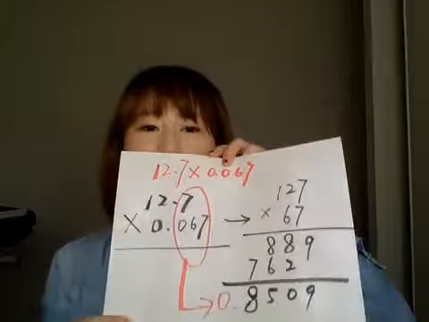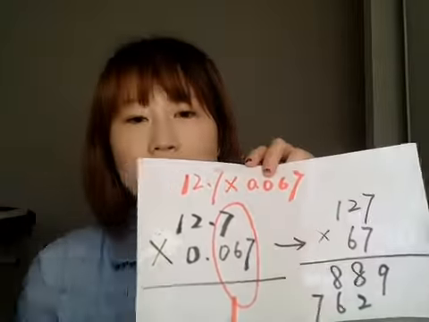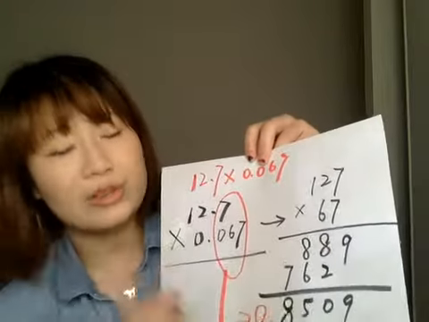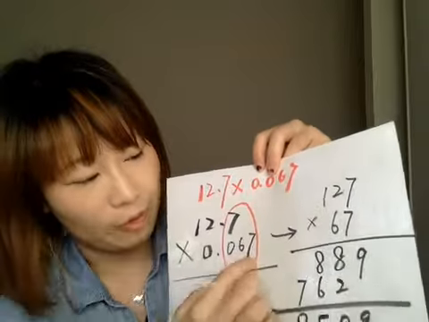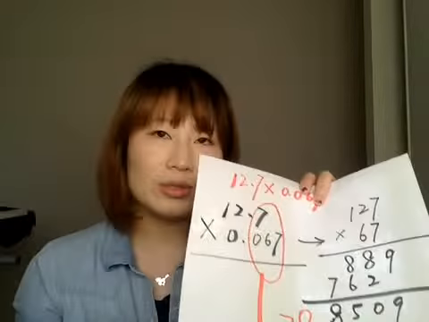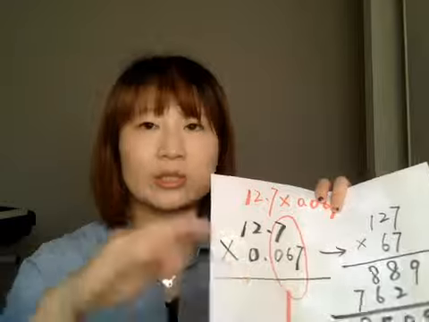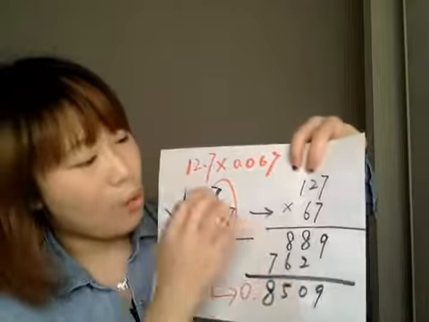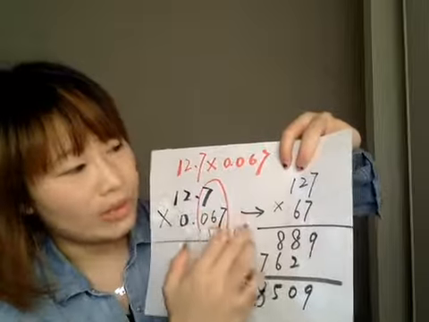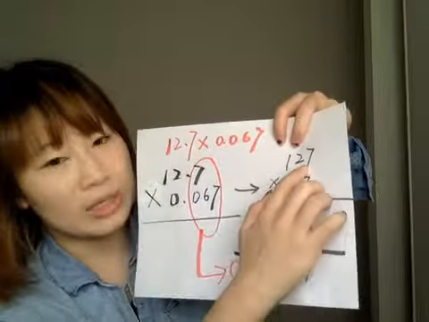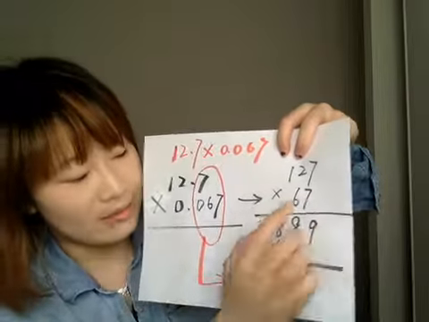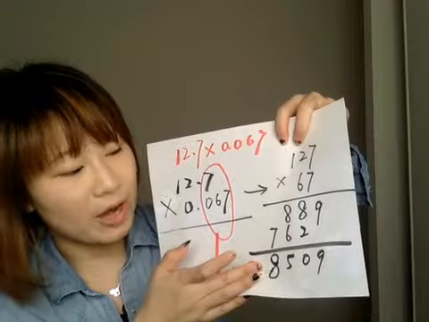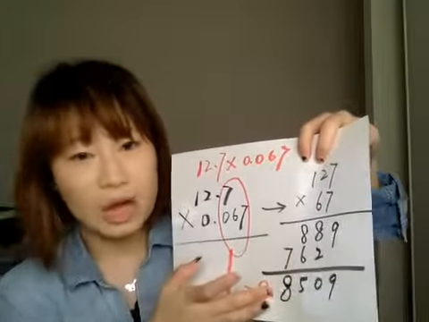Before we calculate, we still need to count the number of decimal places. Let's count. We get 4 decimal places: 1, 2, 3, 4. So that means when we get the final answer, we need to correct to the 4th decimal place. After we remove the decimal points, we get 127 times 67, and we get the answer 8,509. But it's not our final answer.